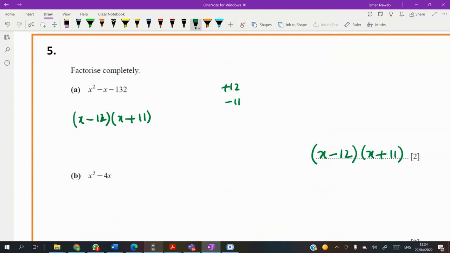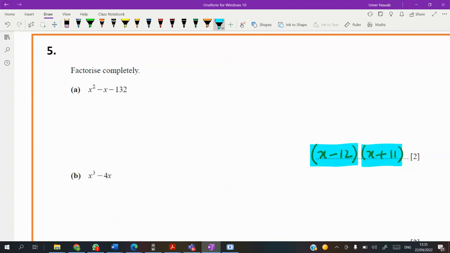Okay, if you want to show one more step in between the question and the answer, you multiply them, x squared plus 11x minus 12x and minus 132. Then examiner will not be able to cut your marks. Okay. However, if you don't write this, if you write the factor here, in the marking scheme you can see this has 1 mark and this has 1 mark.